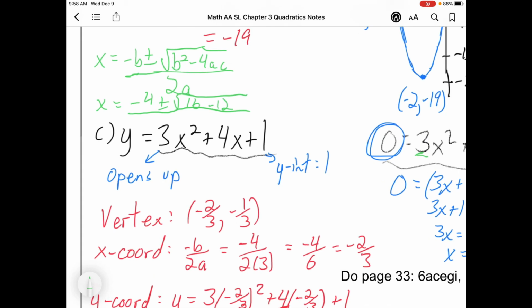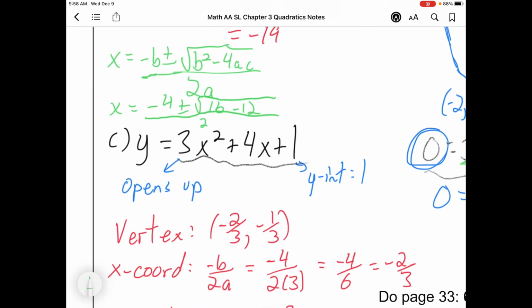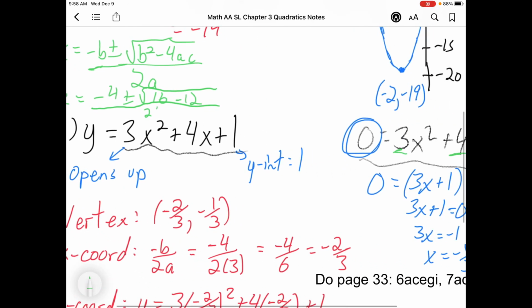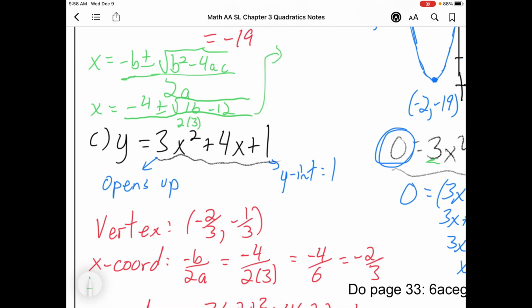Okay, let me zoom in. So that's 4 plus or minus the square root of 16 minus 12 all over 2 times a, and that would be 2 times 3. Okay. Let me just follow that through. I think that factoring is slicker here. So you get negative 4 plus or minus the square root of 4 all over 6, or negative 4 plus or minus 2 all over 6.